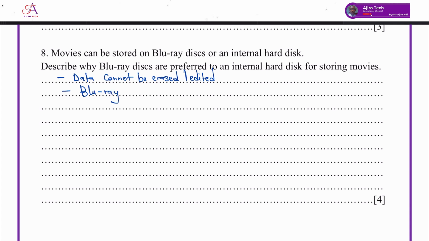Blu-ray discs are portable. And another thing is the fact that as it is on an external device, it does not take up internal storage.